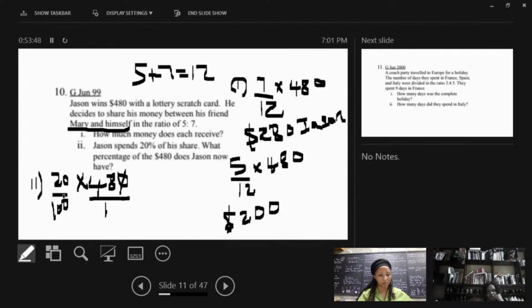So 2 times 40... that will give $96. $96 from 480.